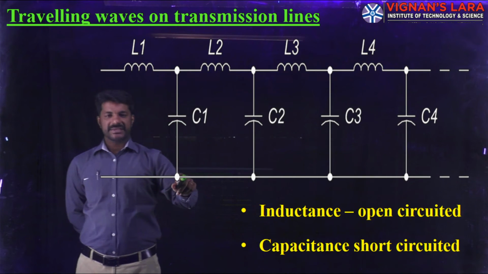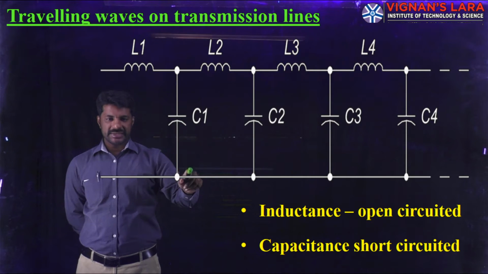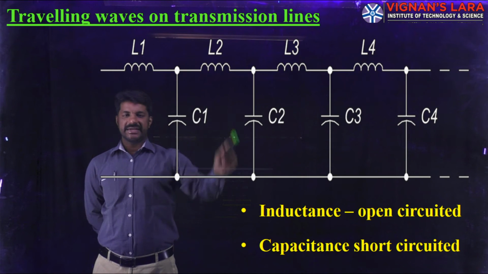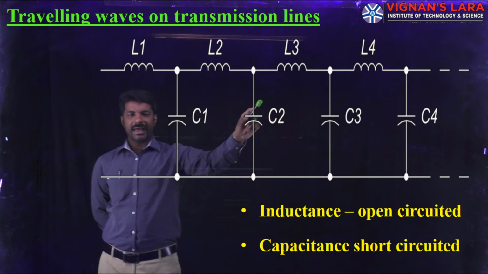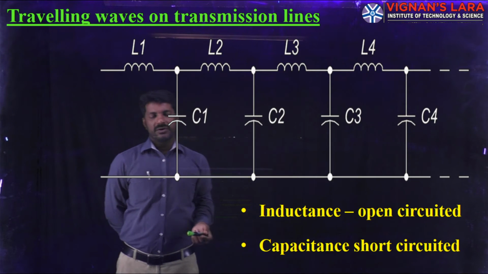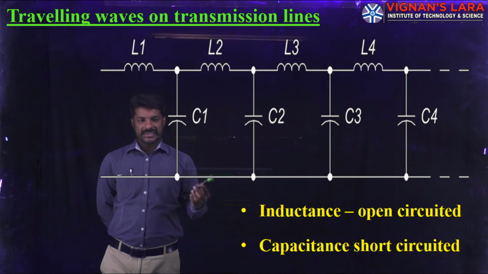Whenever the capacitor gets fully charged, that fully charged voltage will appear for the second section. The same happens for the third section and the fourth section. Finally, the voltage will be available at the receiving end side, at the load.